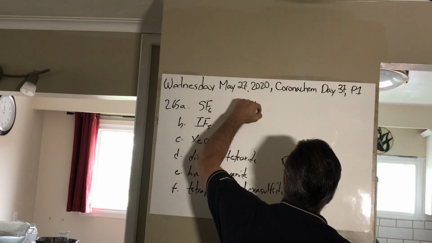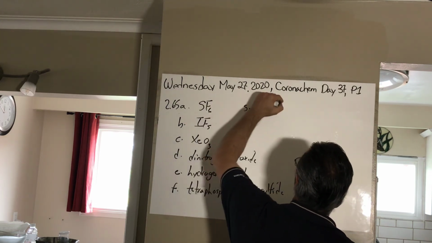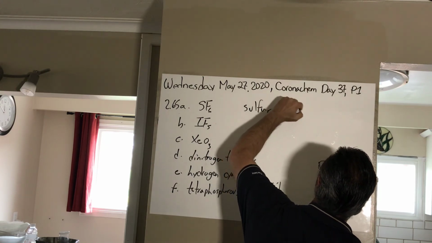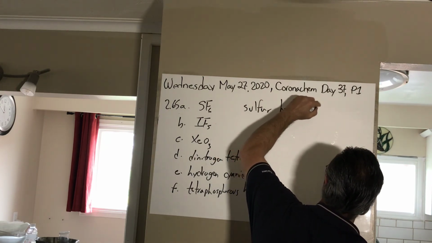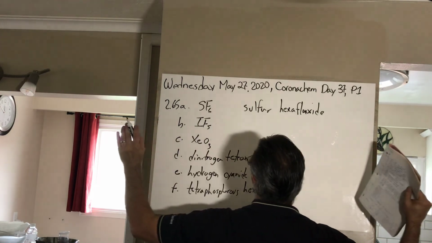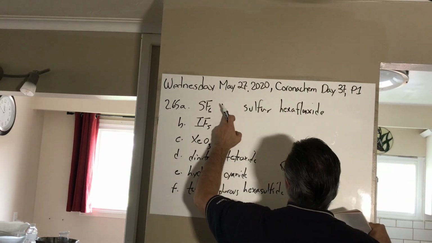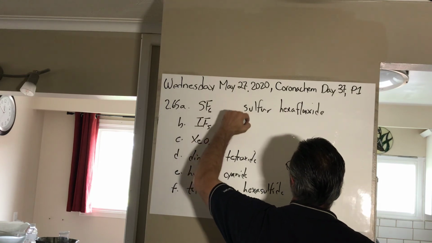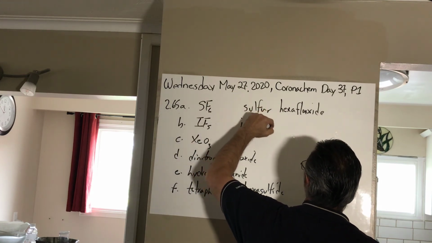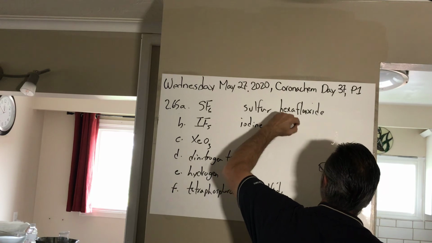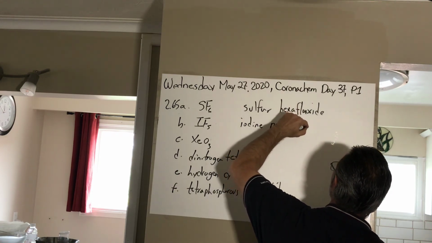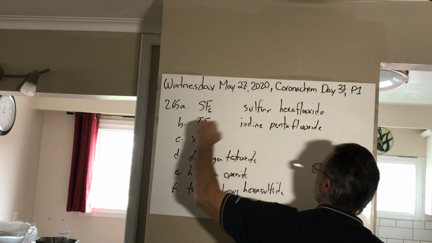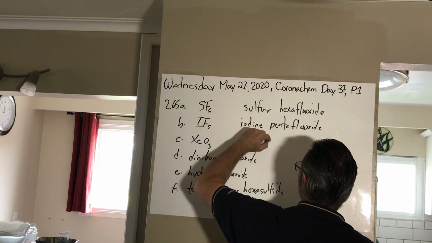This is sulfur with 6 fluorines, sulfur hexafluoride. So they always end in "ide." You can also say monosulfur, but you can drop the mono. This would be iodine pentafluoride, penta for 5. Xenon trioxide.